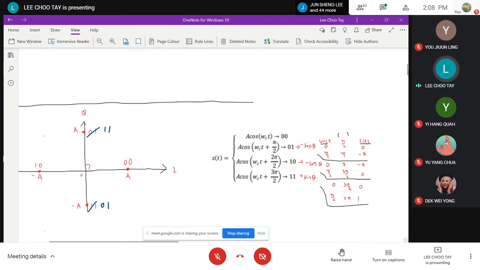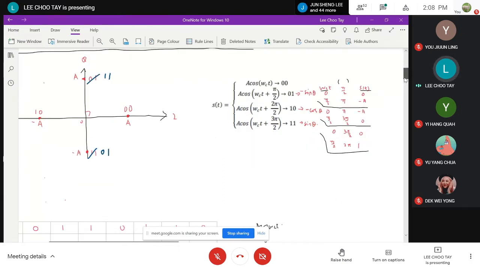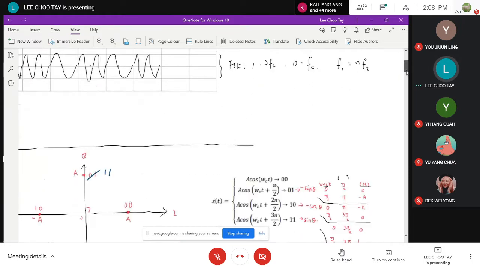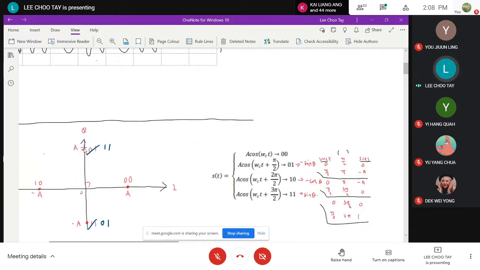So this is equivalent to a sine wave, as if you shift the y-axis to 3 pi over 2. That means the symbol is located here for 1, 1. Okay, Jingwei, no more confusion, yeah?